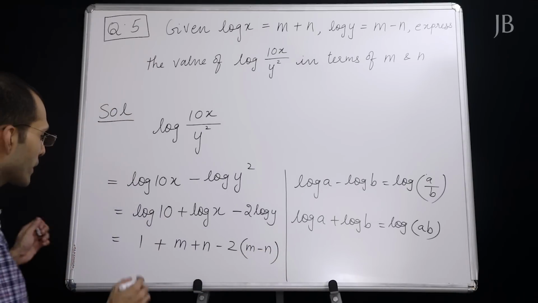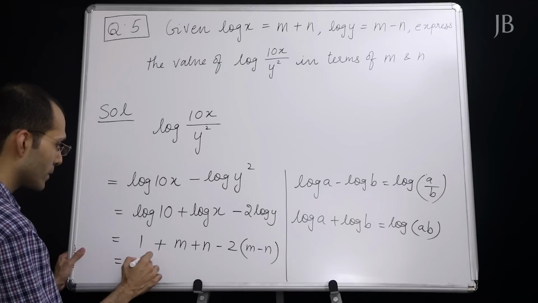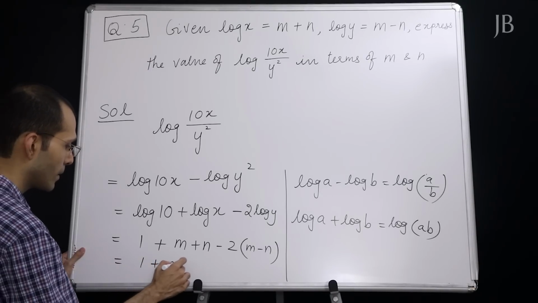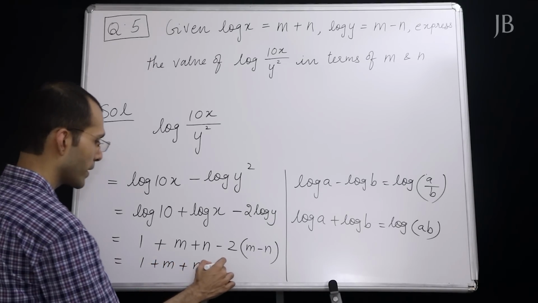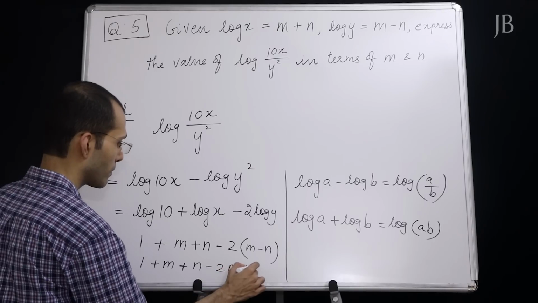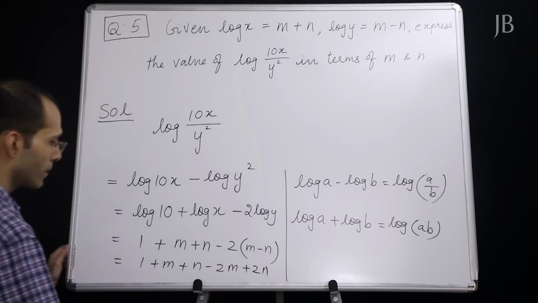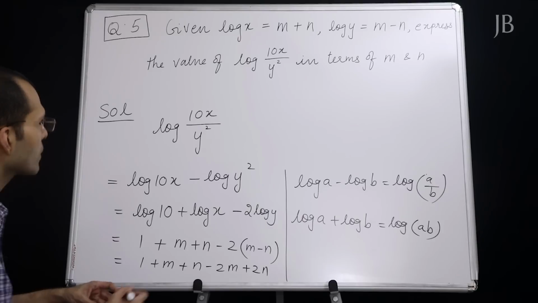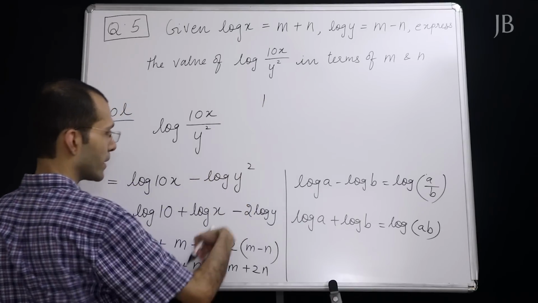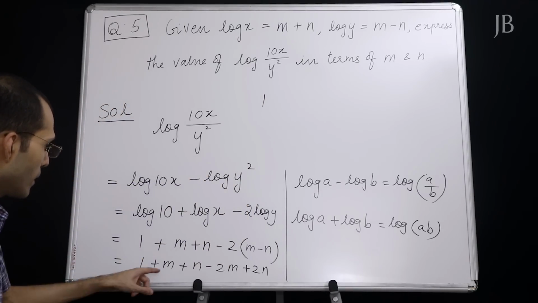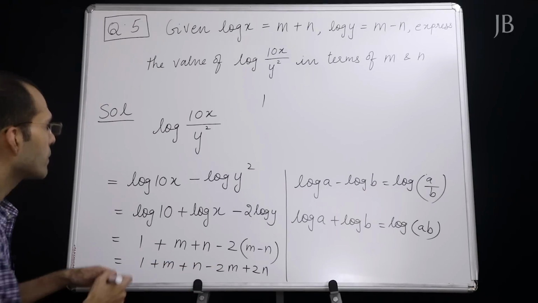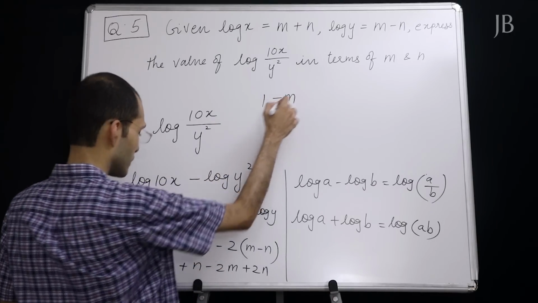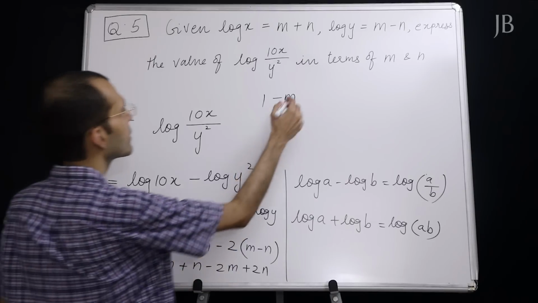Now what remains is only to simplify. So this is 1 plus m plus n minus 2m plus 2n. We'll see how much this will be now. So it will be 1. I am taking it up here, okay? m minus 2m will be minus m and n plus 2n will be 3n.